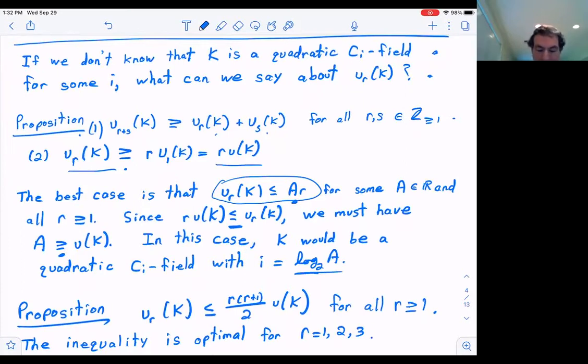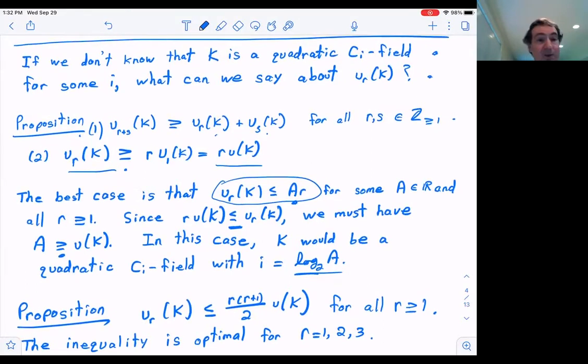So the point is that the best case is when u sub r of K grows linearly as a function of r. And then the question is, what is the constant in the linear growth? As I say, that's the best case, but we don't always know if we have it. However, I will say right now, this is very strange.